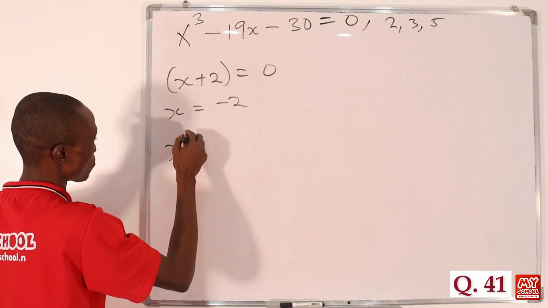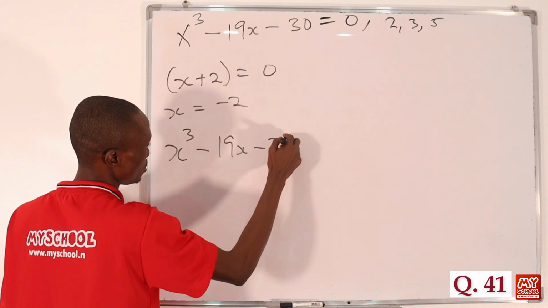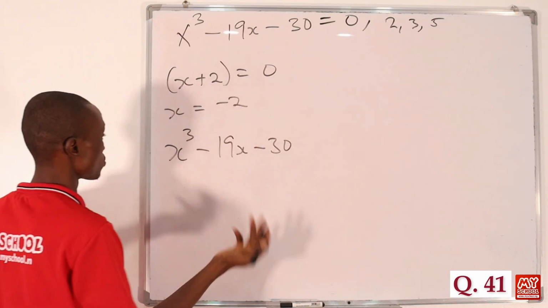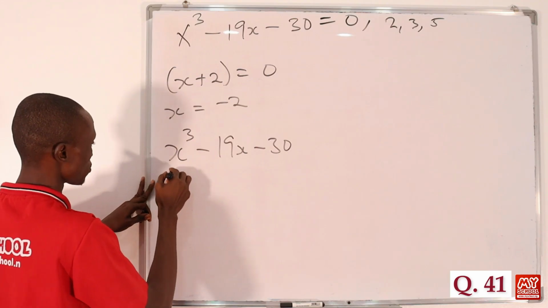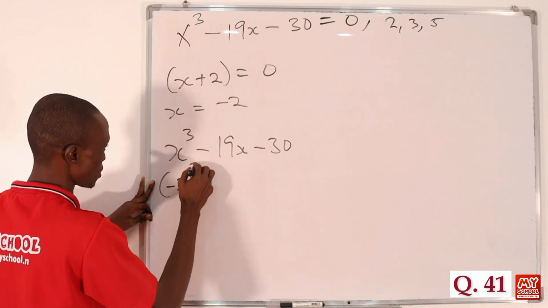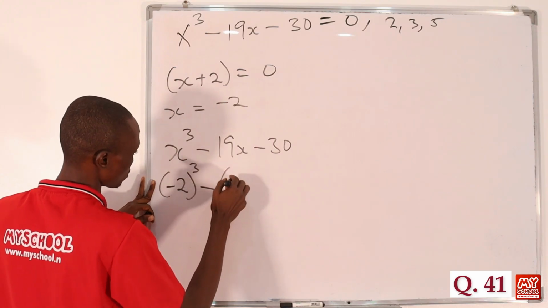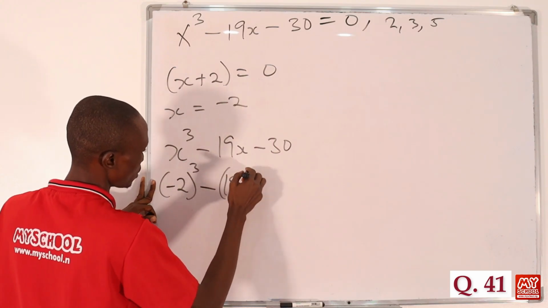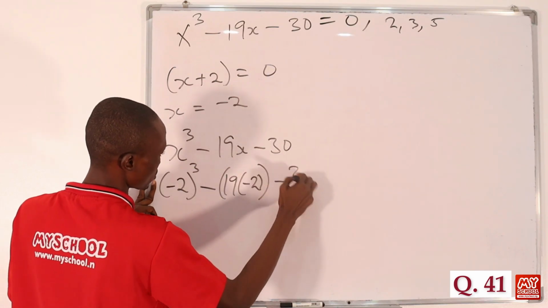Okay, so we have x raised to power 3 minus 19x minus 30. Let's see if it equals 0. Let's put in the value of minus 2. So you'll have minus 2 in brackets raised to power 3, then minus 19 in brackets times minus 2 in brackets, then minus 30.